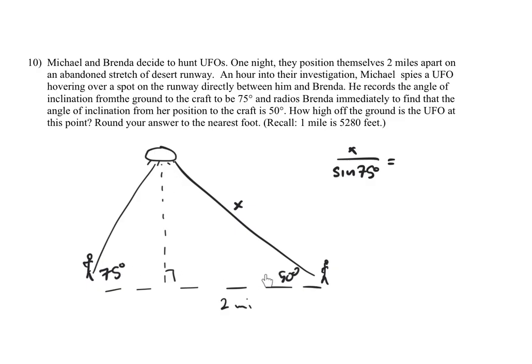So if we add these two, 75 plus 50, subtract from 180, that'll give us that angle. So it's 55 degrees. So then, continuing the law of sines, solving this gives us x equals 2.358.